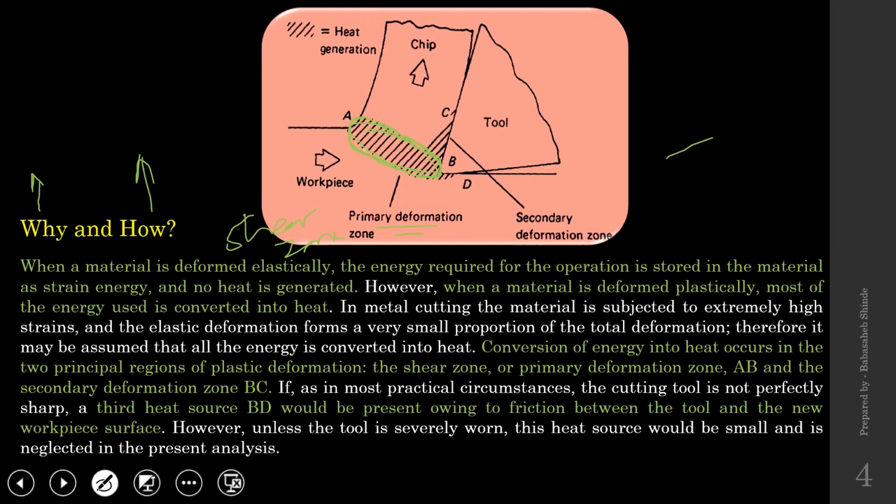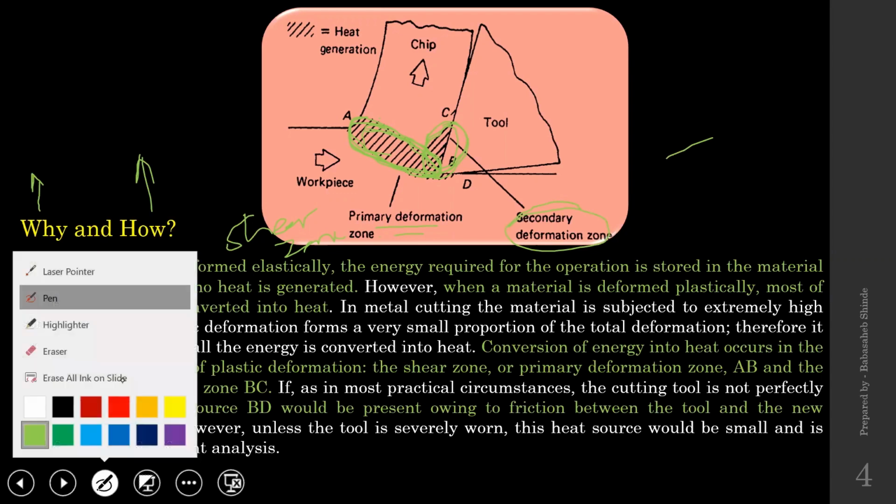So this is one of the sources of heat generation. Second, BC. This BC is called the secondary deformation zone. Those two zones are causing the heat generation.